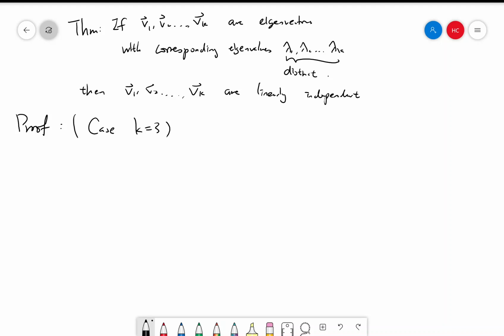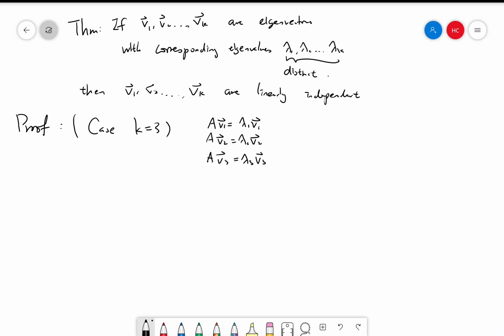So suppose we have 3 eigenvectors corresponding to 3 distinct eigenvalues. This means A v1 equals lambda 1 v1, A v2 equals lambda 2 v2, A v3 equals lambda 3 v3.